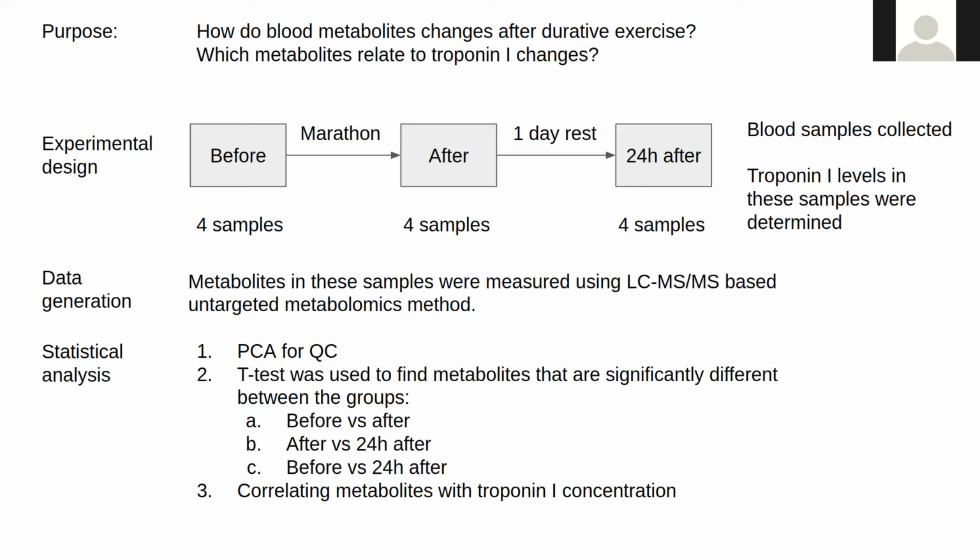The last thing we did is to correlate the metabolites we measured with the troponin 1 concentration. All these results are pre-calculated and stored in an object that can be visualized using xcmsViewer. And now let's go to xcmsViewer.